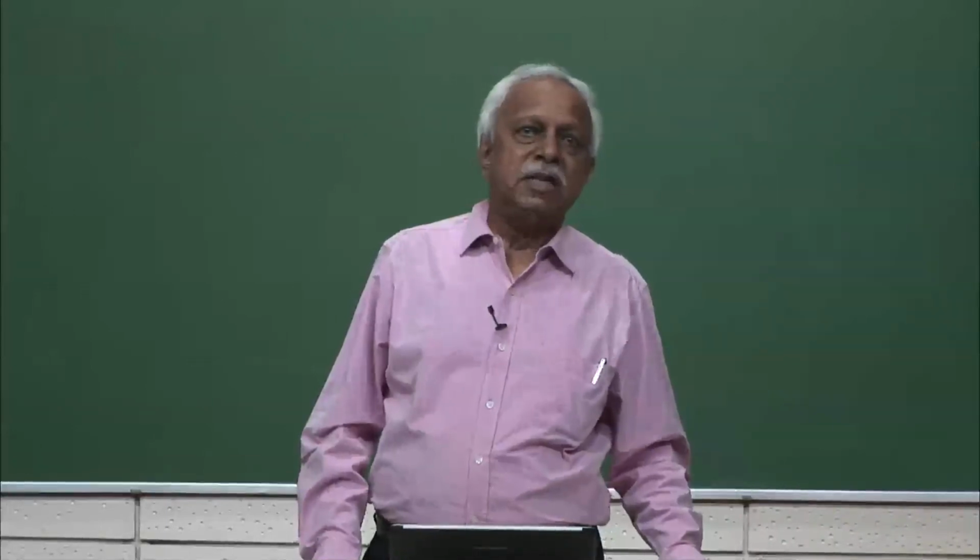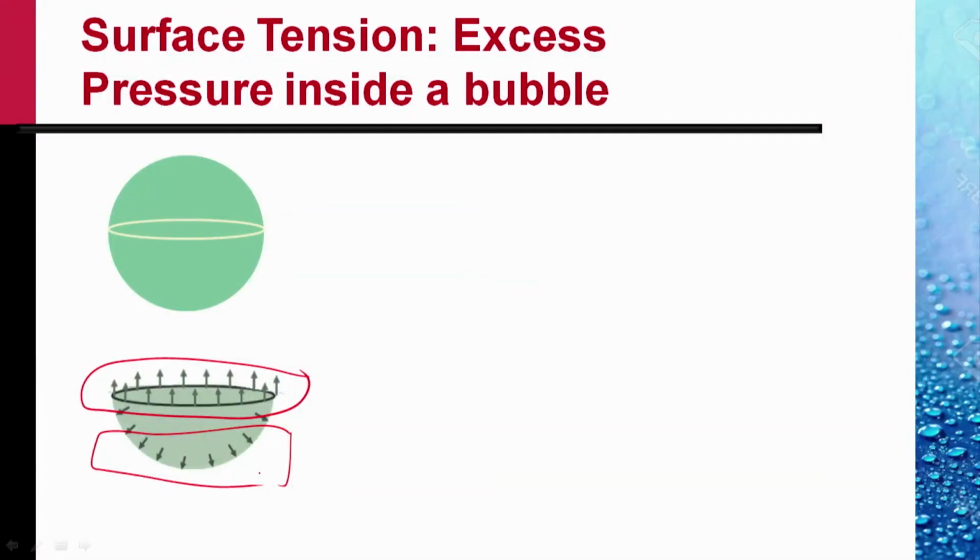And the surface tension force upwards is sigma times the length of the equatorial cut, which is 2 pi r, where r is the radius of the bubble.